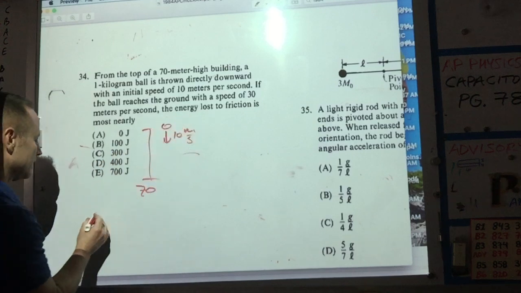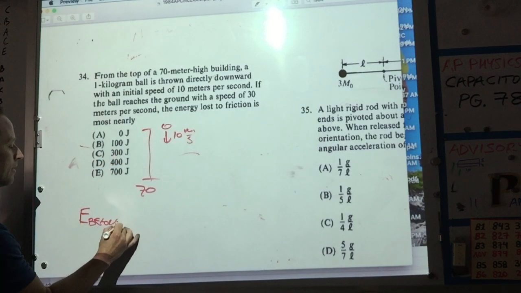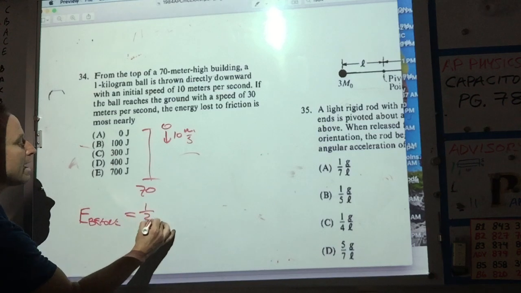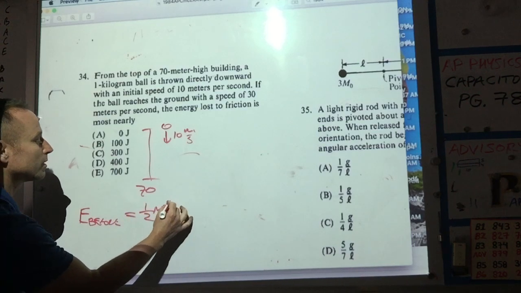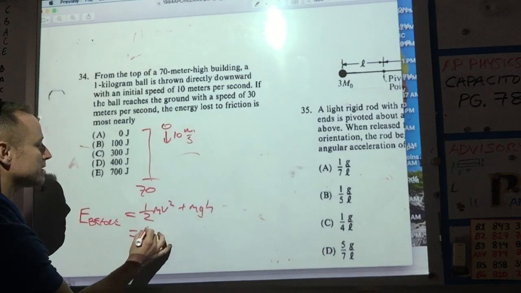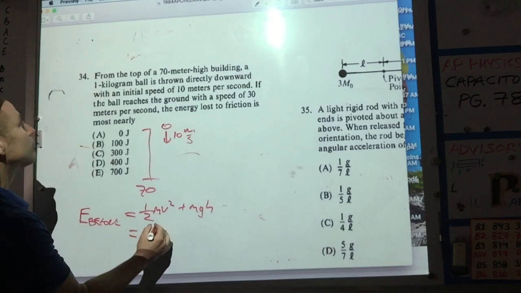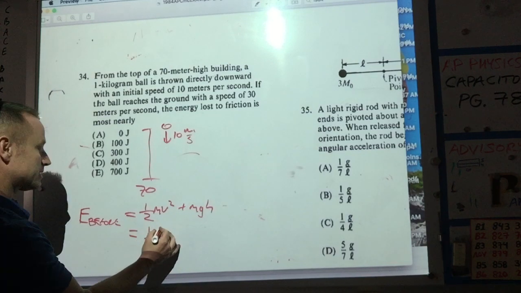Let's do E before, at the top, the total energy before. That's going to be 1/2 mv at the top squared plus mgh, right? So that's 1/2 of, what's the mass of this thing? 1. Oh, it's only 1. And the speed at the top was 10.